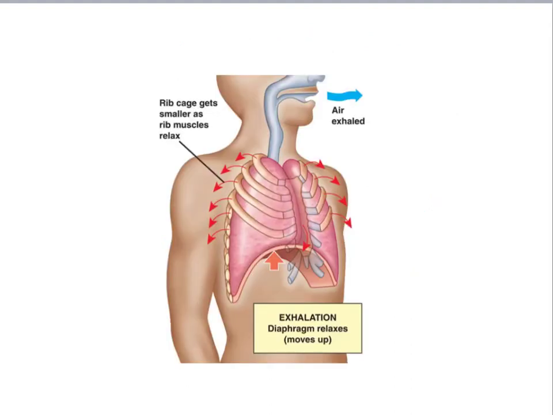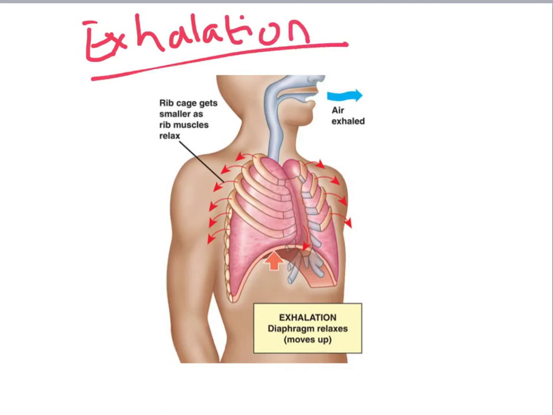Okay, let's look at the opposite then. So let's look at exhalation. With exhalation, we almost have exactly the same, but in complete reverse. So in order to get air out, all of these muscles that have just contracted now need to relax. Our intercostal muscles, which are located in between each of the ribs, are going to relax.